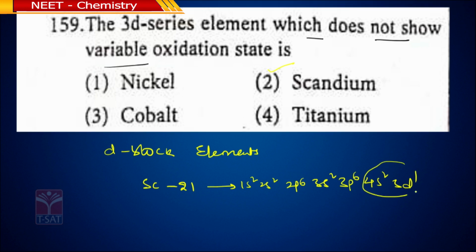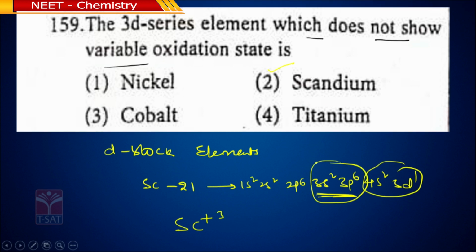If it loses these 3 electrons, it attains the next noble gas configuration, that is 3s2, 3p6. So scandium shows only +3 so as to get noble gas configuration, and it will get the highest stability.